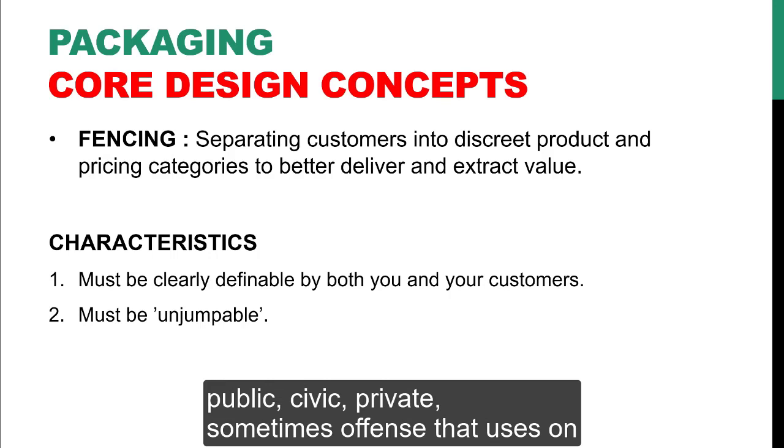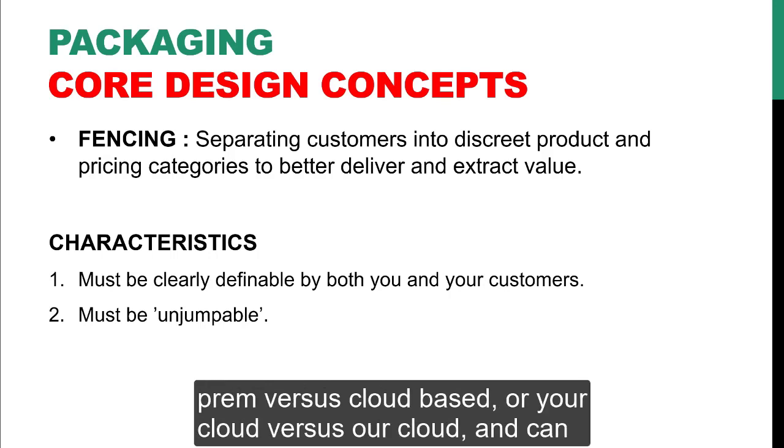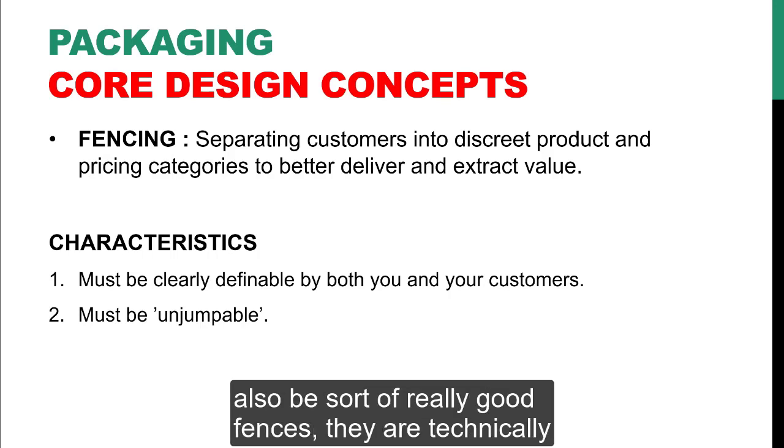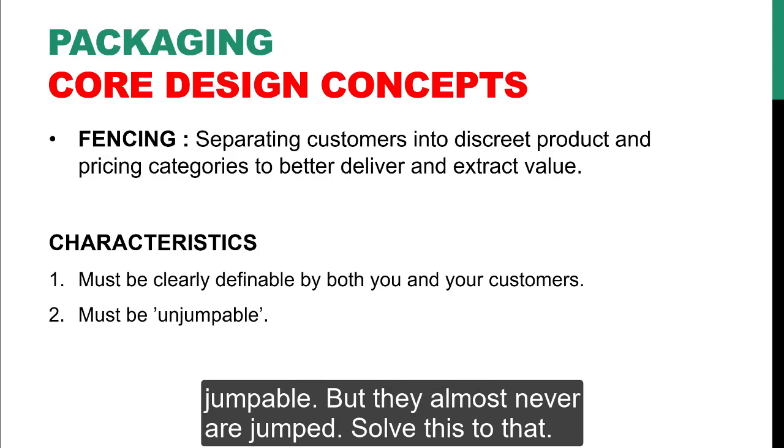Sometimes a fence I use is on-prem versus cloud-based, or your cloud versus our cloud. Those can be really good fences. They're technically jumpable, but they almost never are jumped.